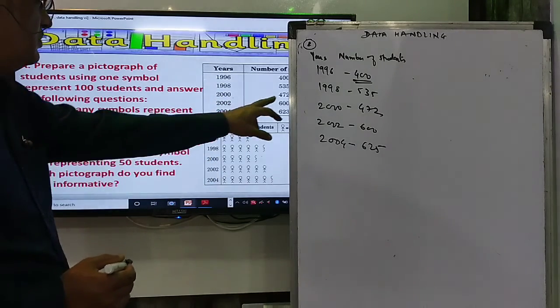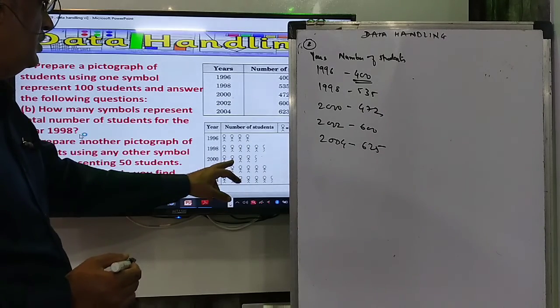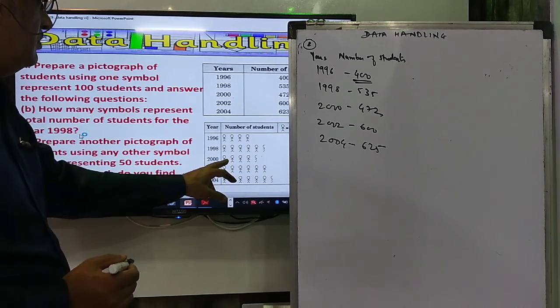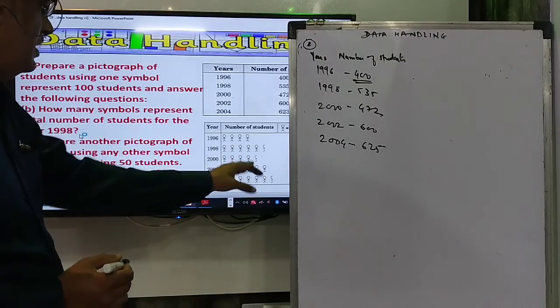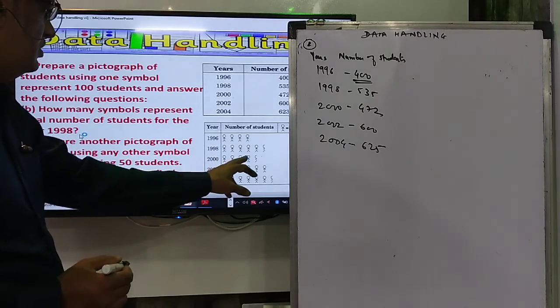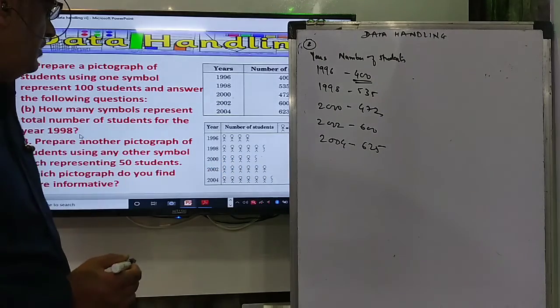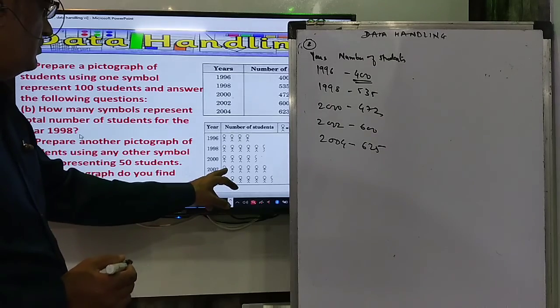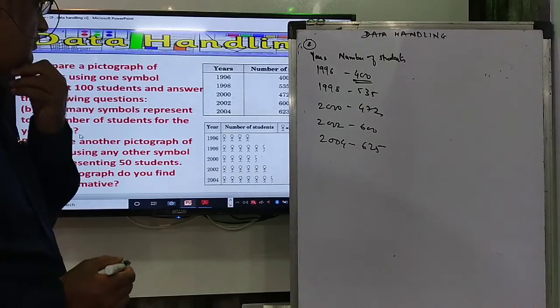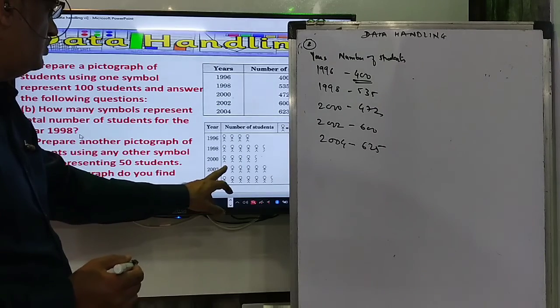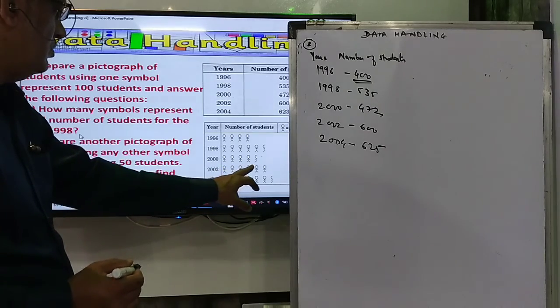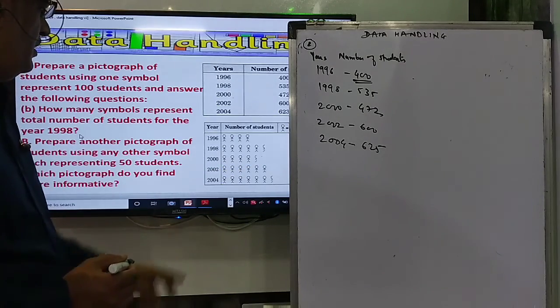Then in 2000 the number of students is 475. 475 is near about 500 but not exactly, so again we have to use a half symbol: 1, 2, 3, 4 complete and a half symbol. In 2002 the number of students is 600, so we use 1, 2, 3, 4, 5 and 6 symbols.